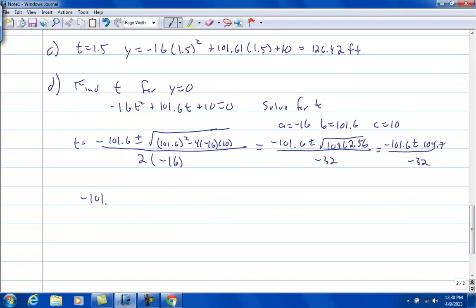So I'll do the plus first: negative 101.6 plus 104.7, divided by negative 32, and we get negative 0.96875.